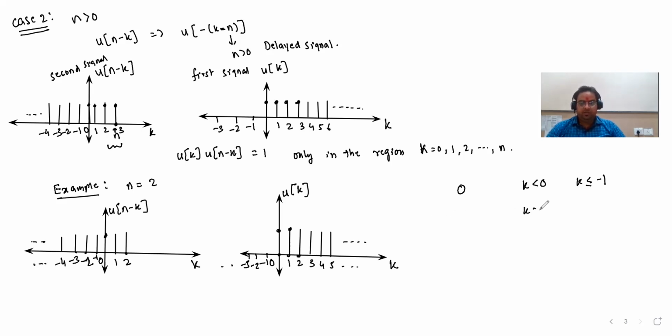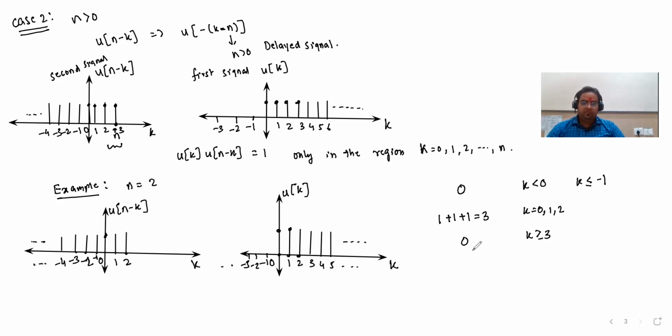So for k equal to 0, 1, and 2, we will have 1 plus 1 plus 1. These three will multiply and that will come out to be 3. And then again for k greater than or equal to 3, we'll again have this as 0.